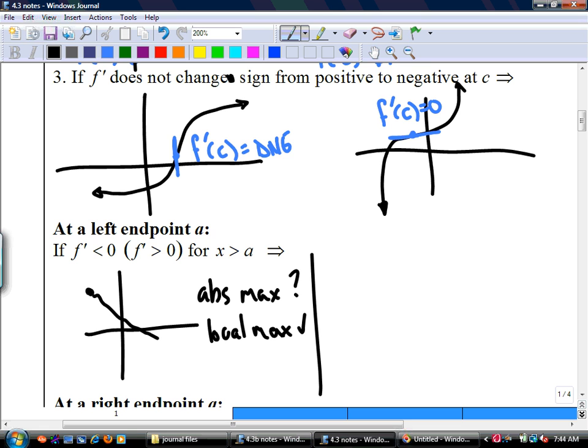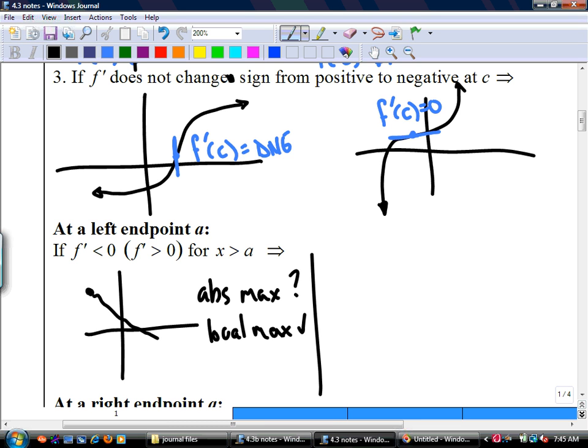And see how the book's weaseling, or how we're weaseling our way out of it? F prime of c is a critical point. The c's are only allowed to be in the interior of the domain. Local maxes and mins, absolute maxes and mins, don't have to necessarily be at critical points. Because if they're at the end points, that's dirty.